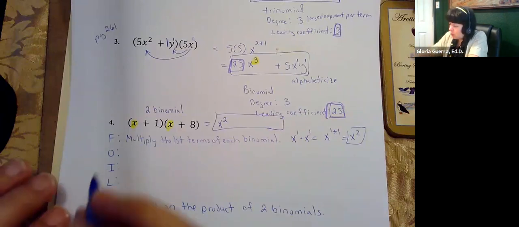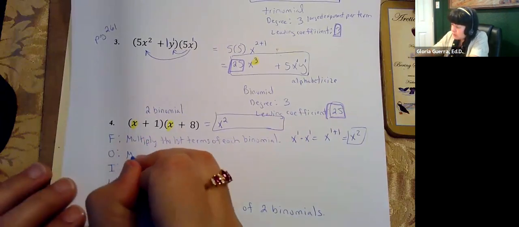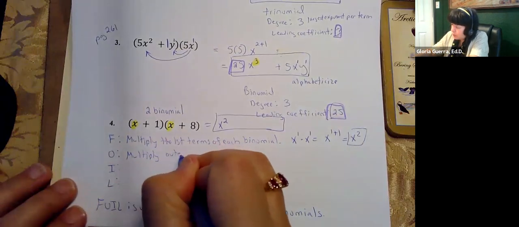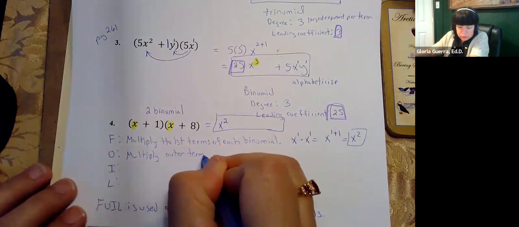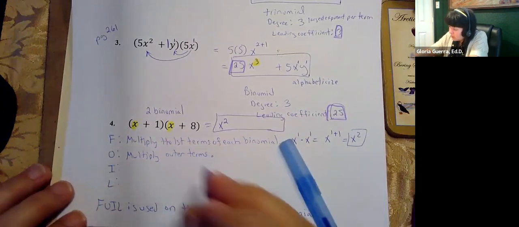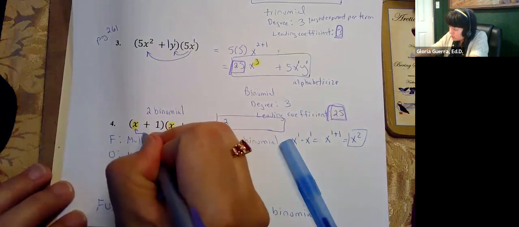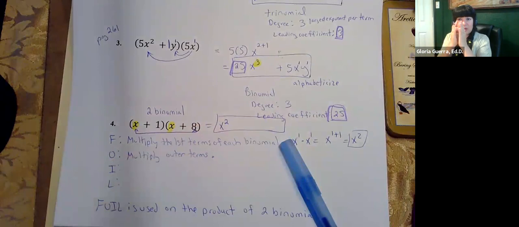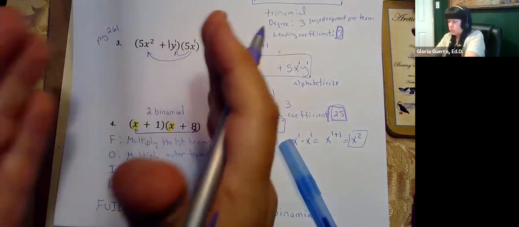Okay, and then O stands for multiplying the outer terms. A lot of times teachers will draw these arrows, inside, outside terms.